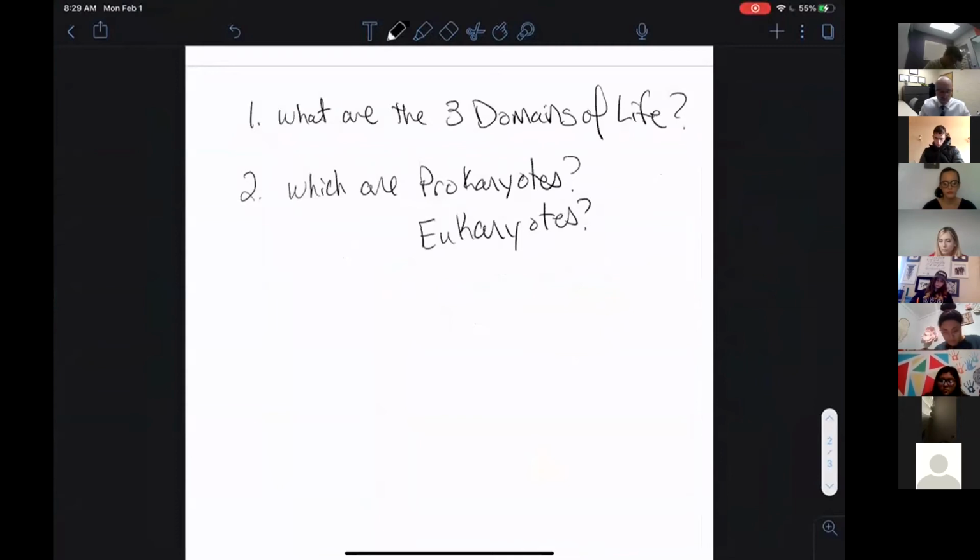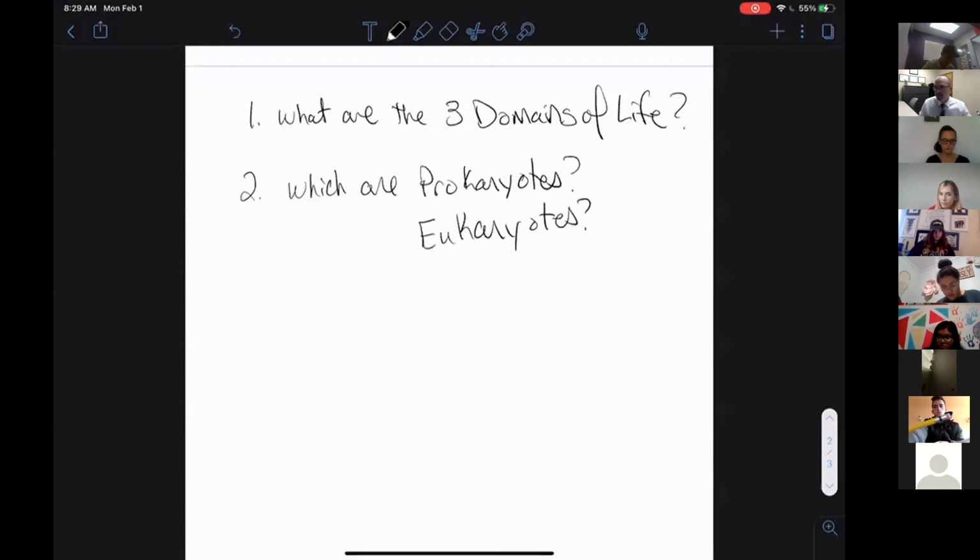Domain is the top category on our hierarchy of life that we learned in the first week of class. So we need to know which ones are prokaryotes and which ones are eukaryotes. As soon as you've got that written down, you are free to go and finish your drawing and find this information.